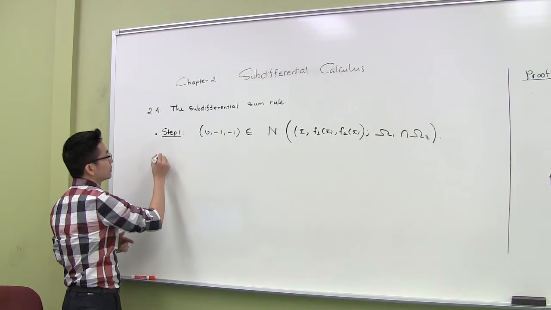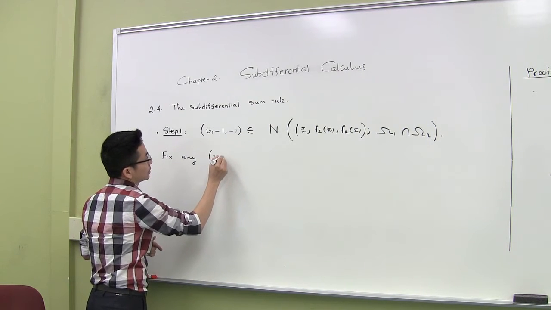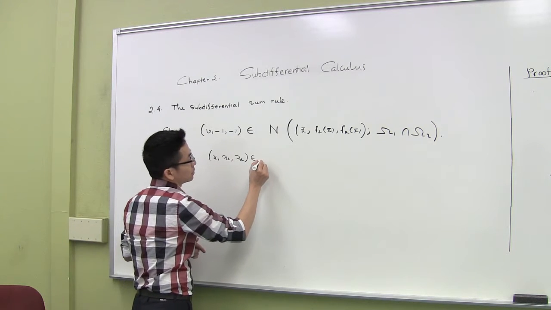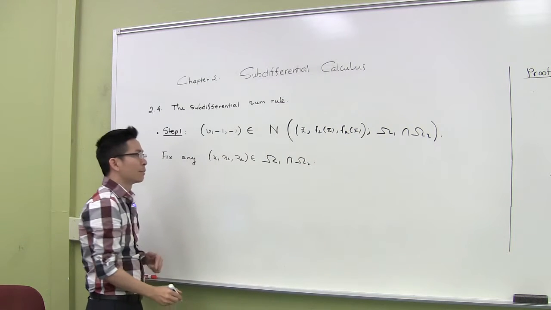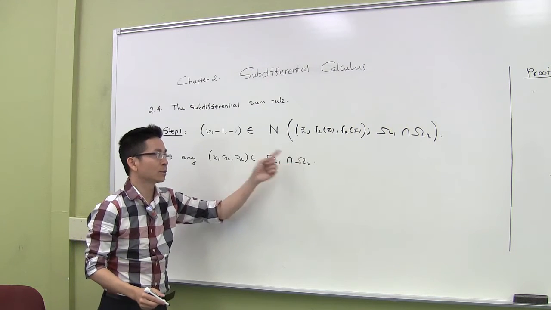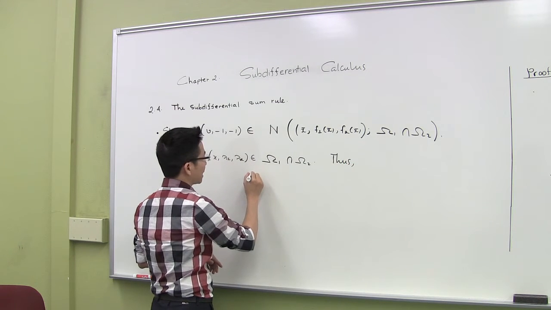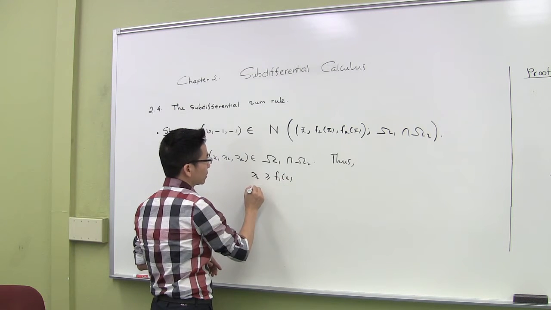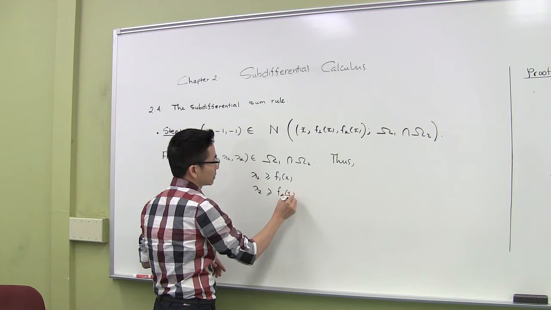We fix any (x, lambda 1, lambda 2) in the intersection of omega 1 and omega 2. By the definition, this element belongs to omega 1 and omega 2. Thus, we have the following: lambda 1 is greater than or equal to f1 of x, and also lambda 2 is greater than or equal to f2 of x.